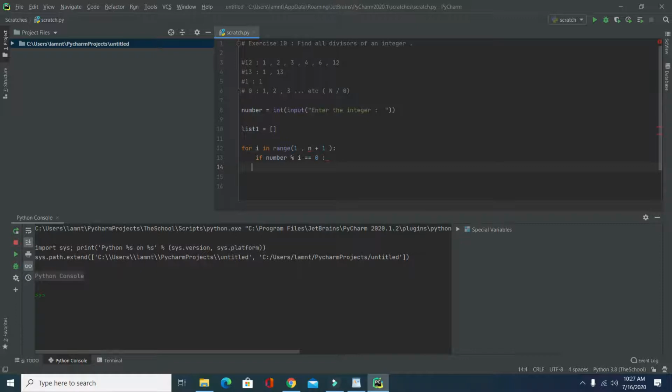So list1.append(i), and we can print the list of all divisors of the number the integer is. That's all. So let's run it.